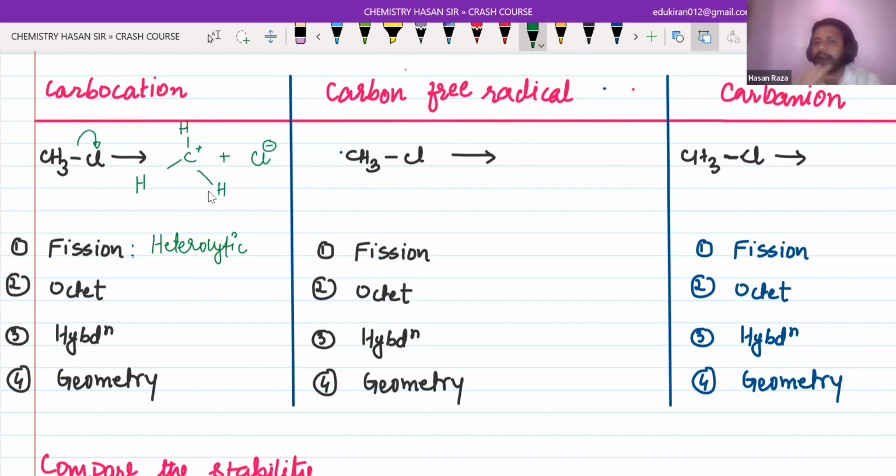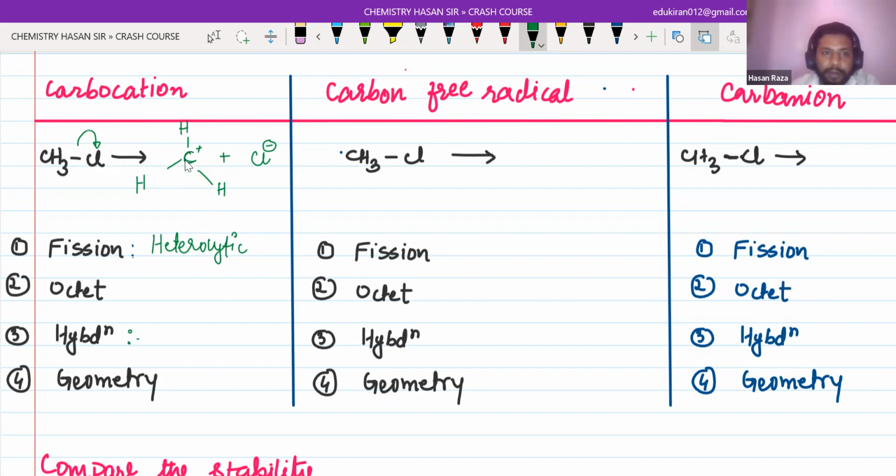So this is what heterolytic looks like. That means the more electronegative element will take the electron from the less electronegative element. One element will gain the complete electron pair of the bond, and this fission is called heterolytic.